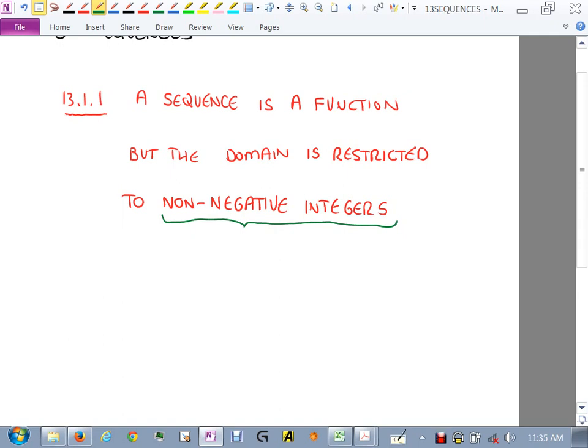Those are integers. And 0. So integers is the set ..., -3, -2, -1, 0, 1, 2, 3, ... Those are your integers. That's all your whole numbers in both directions, positive and negative.